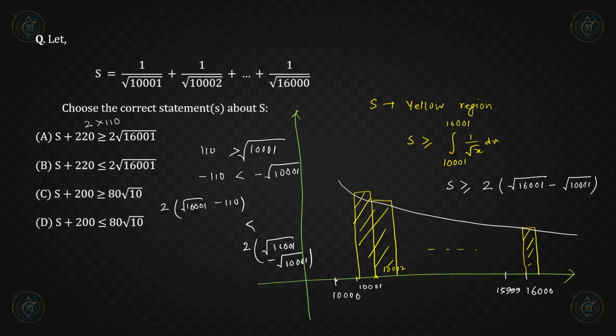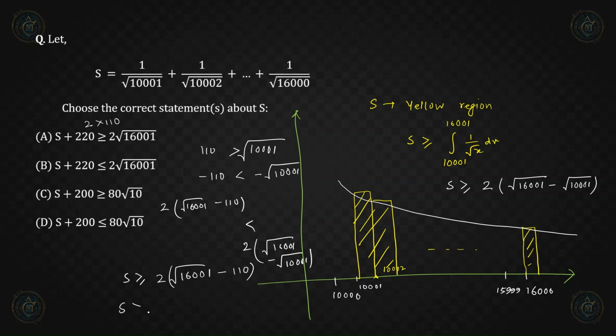But now we have a very interesting thing. So the right hand side is larger. And we already discussed that S is greater than or equal to this thing, the right hand side. Now this right hand side is already greater than this number. That means S should also be greater than or equal to this number, right? So 2 under root 16,001 minus 110, right?